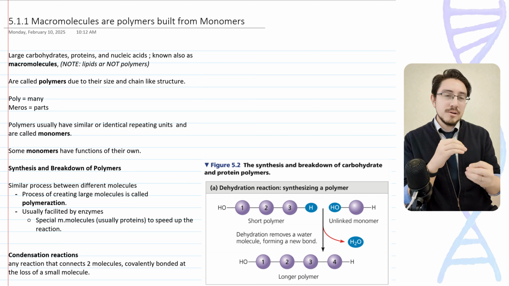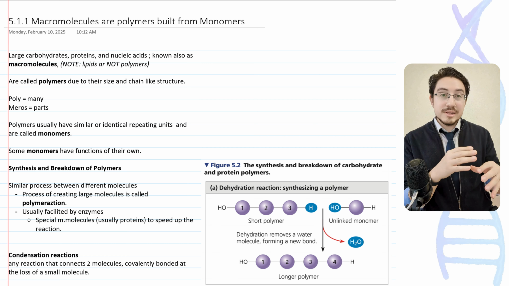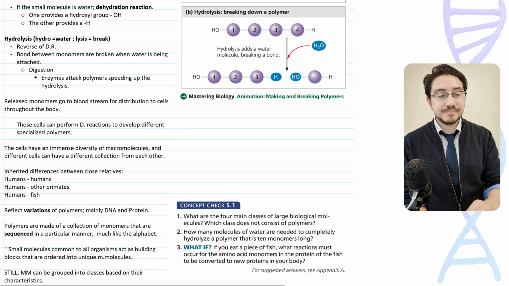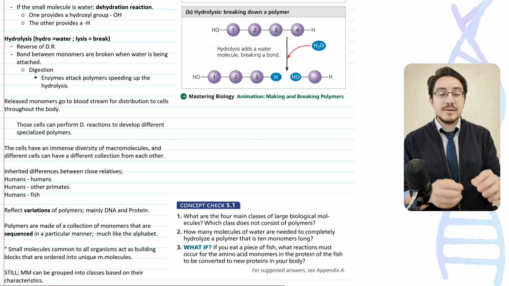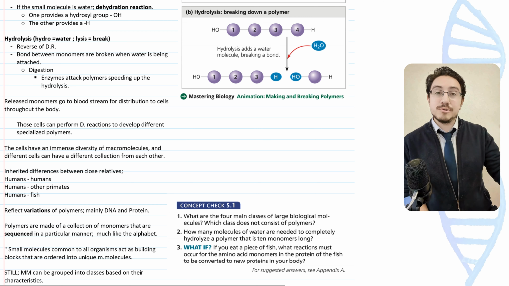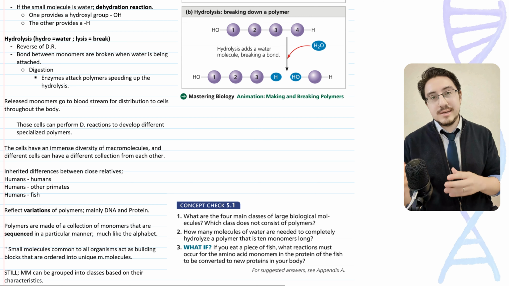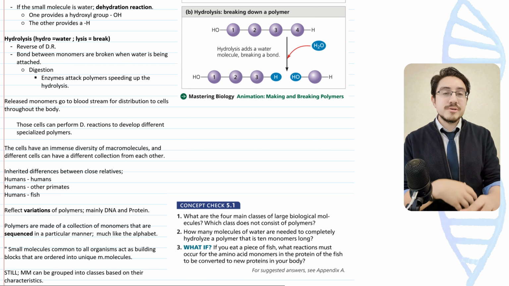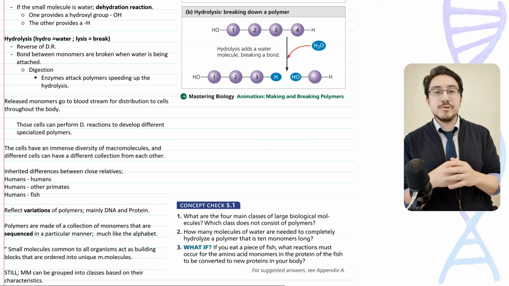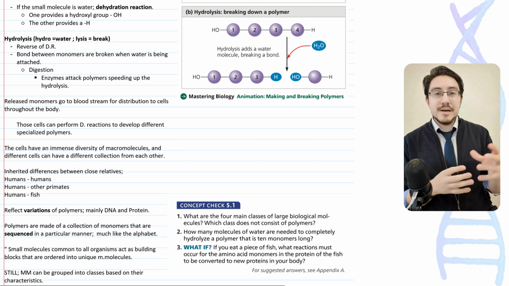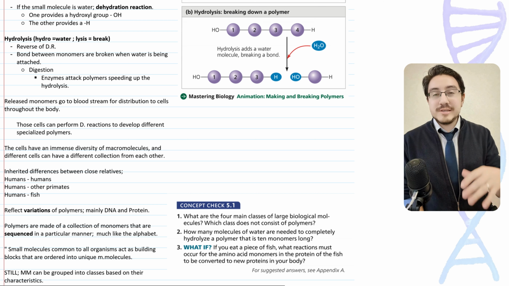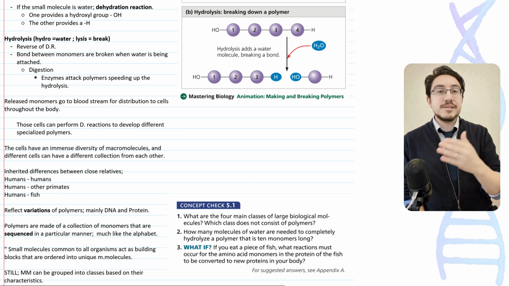Whenever that small molecule being released is water, it's referred to as a dehydration reaction. So one of the 2 molecules releases a hydroxyl group and the other releases a hydrogen. The reverse of this reaction is referred to as hydrolysis. Hydro meaning water, lysis meaning to break. So it's basically the reverse of dehydration synthesis.